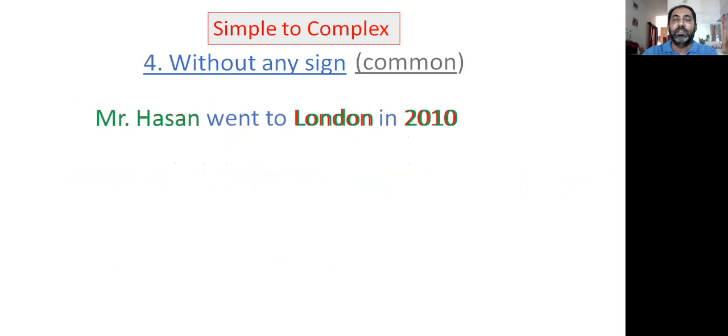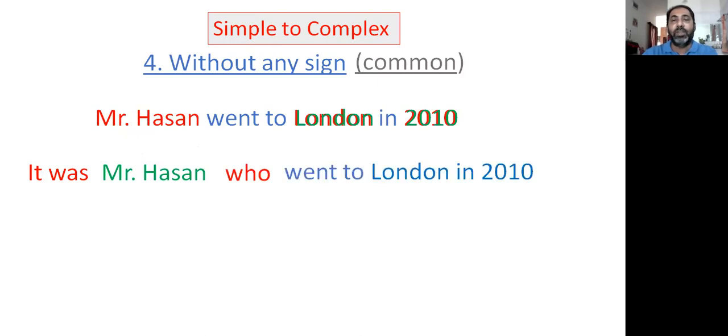Now students, here is another example for you. There you can see there are 3 nouns, 3 green words. I am going to use firstly Mr. Hassan. It was Mr. Hassan who went to London in 2010.